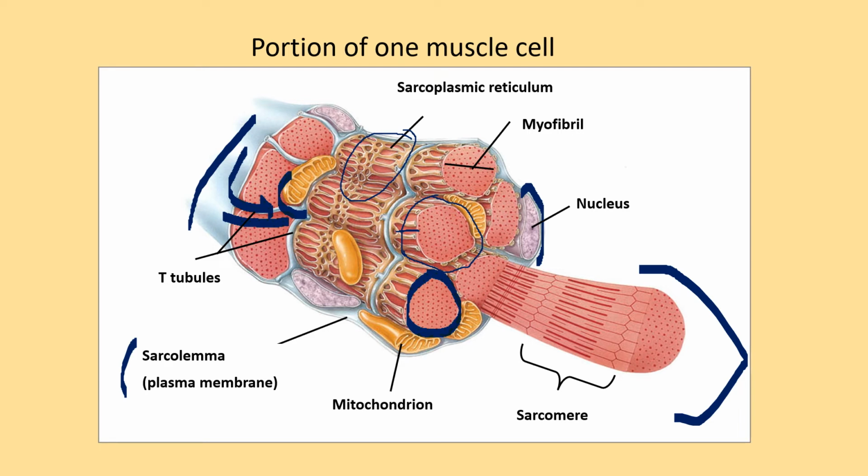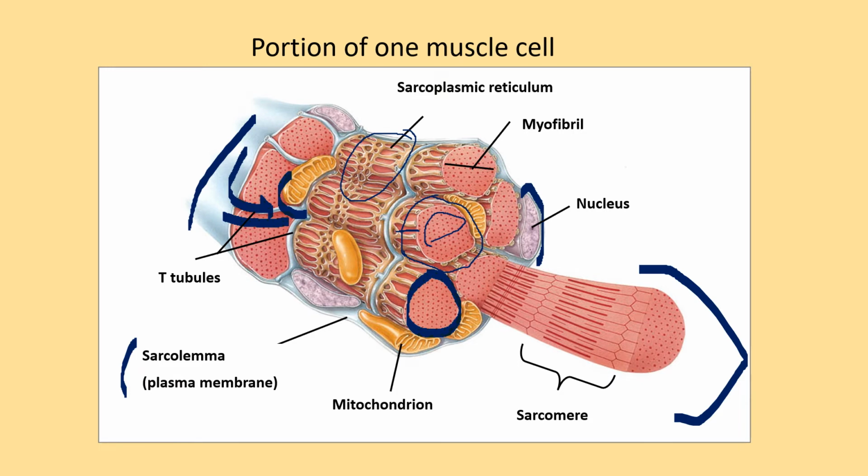And so calcium is going to diffuse out of the sarcoplasmic reticulum and into the cytosol. And that calcium will then interact with these filaments that make up the myofibril. And guess what? That's going to, and I'll put air quotes around this, turn on muscle contraction. So calcium is key in muscle contraction, and calcium is stored in the sarcoplasmic reticulum. At the onset of contraction, the sarcoplasmic reticulum releases calcium into the cytosol.